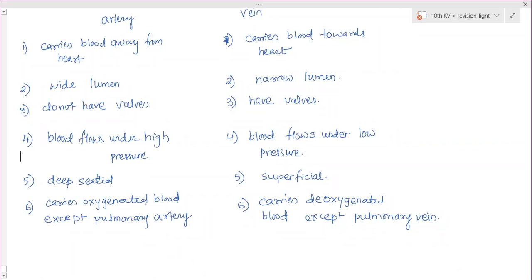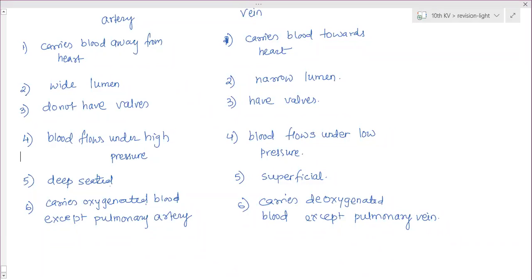Capillaries have pores through which exchange of gases easily takes place with the help of diffusion or osmosis, and substances are exchanged through capillaries. Exchange of substances is not possible through arteries or veins, only through capillaries.